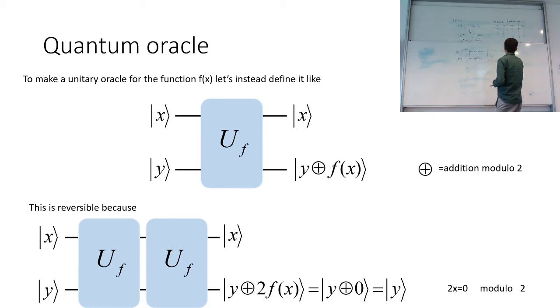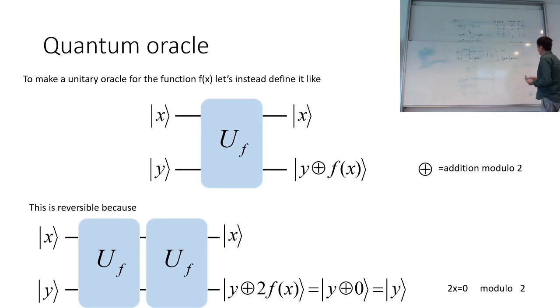Let's put brackets around that, because that's the original value which was used here. Then this oracle adds another f of x to it.